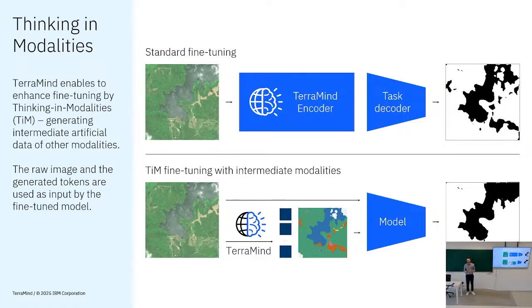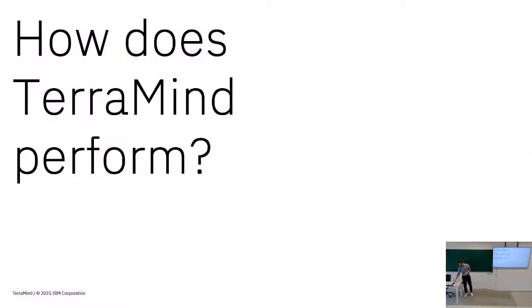Everything is already fully automated. So we will see that later in the hands-on session. But I found that really cool because effectively you can now decide whether you want to do standard fine-tuning or thinking in modalities fine-tuning. And if you already have a couple of runs with the standard fine-tuning and you know your configuration well, you can switch to thinking in modalities and see whether it improves your performance.